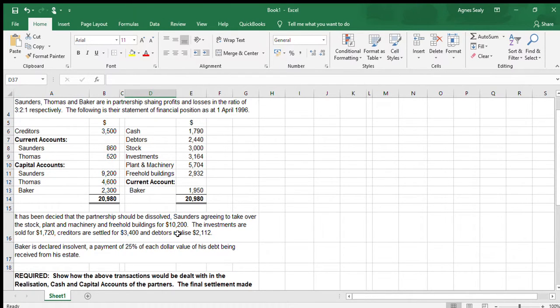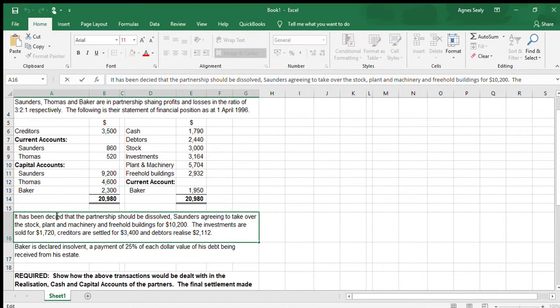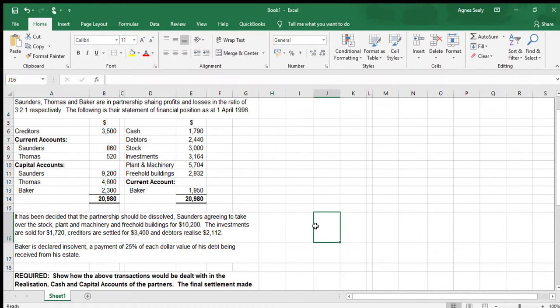Now the question goes on to say it has been decided that the partnership should be dissolved. Saunders agreed to take over the stock, plant, and machinery and freehold buildings for a total value of $10,200. So he is deciding that collectively he's going to take over stock, plant, and machinery and freehold buildings for $10,200, right?